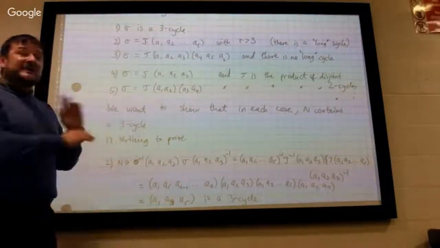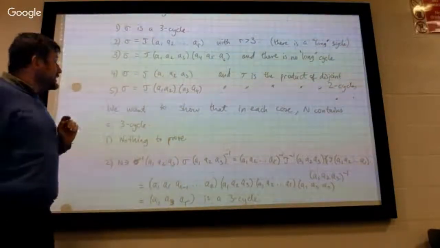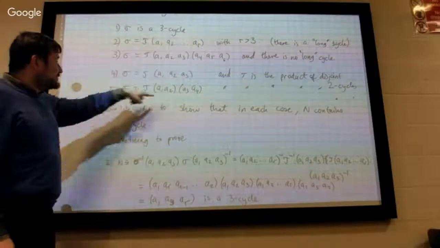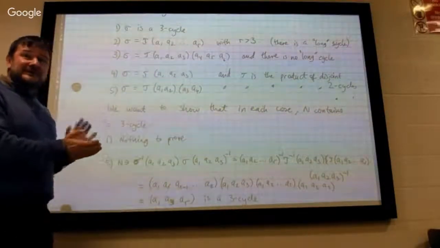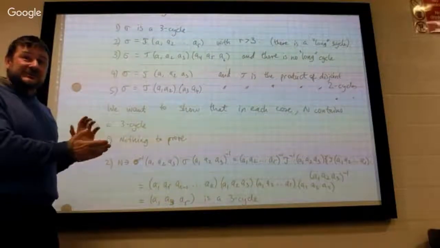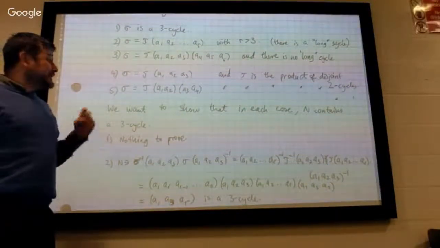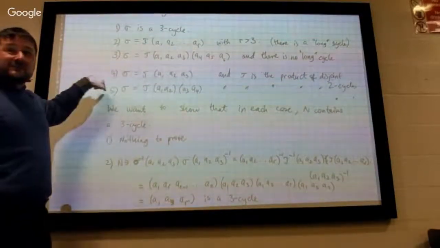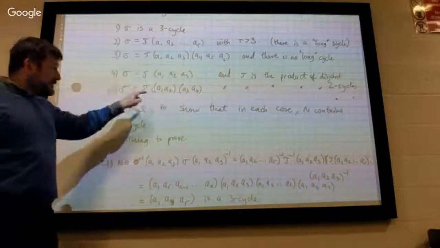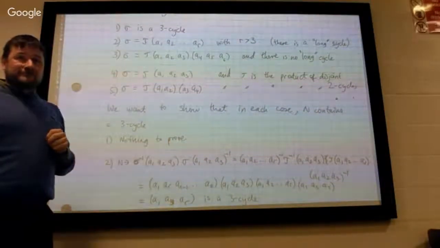Or you don't find any 3 cycles at all in the product, and then it has to be only 2 cycles, but you have to have at least 2, because if you only had 1, that's an odd permutation. This could be the identity, or some more, an even number of 2 cycles, we don't know, but at least 2 cycles. Okay?